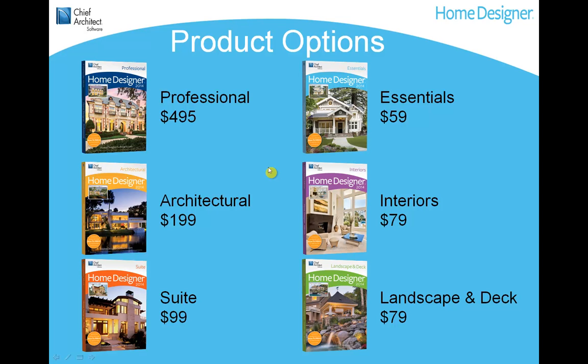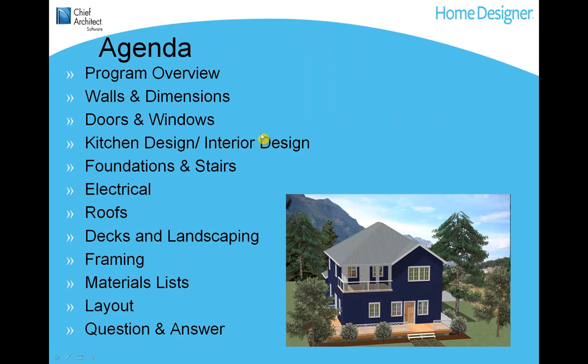Now we do have a number of different products available in our Home Designer line. I will be using Home Designer Professional in today's presentation, but most of what I do will apply to the other versions as well, and I'll be very specific when I use a feature that only Home Designer Professional has. So today we're going to go through a plan from beginning to end.